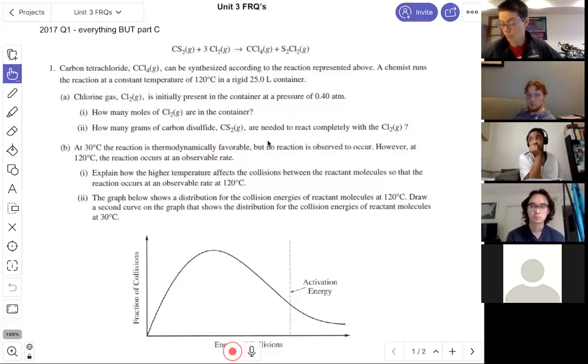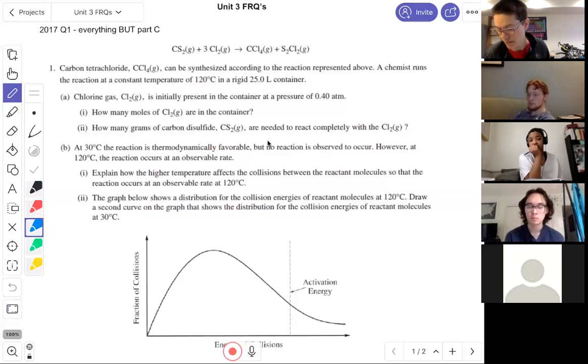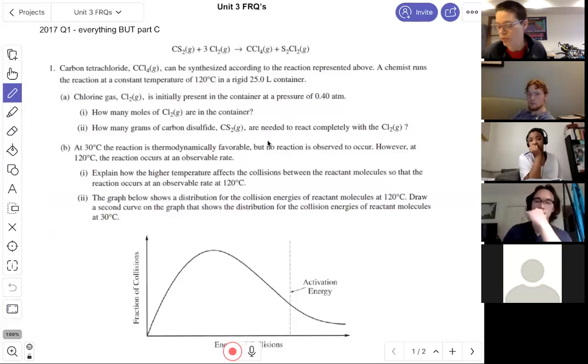So the question is pretty broken up in terms of what it covers letter by letter. So if you start off looking at the information in the top of the question, the first thing I want to point out is they have provided you with a balanced chemical equation. If they provide you with a balanced chemical equation, in theory, what at some point are you going to have to do with that balanced chemical equation?